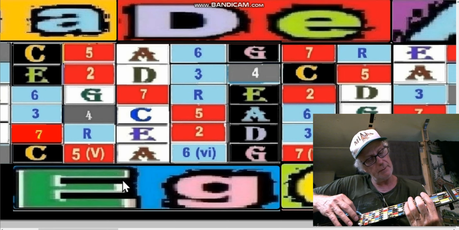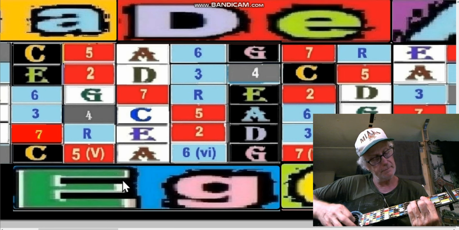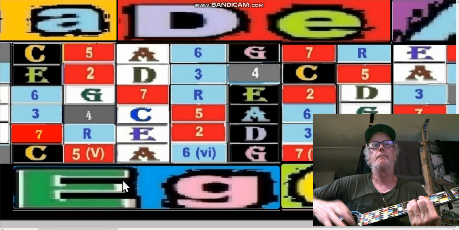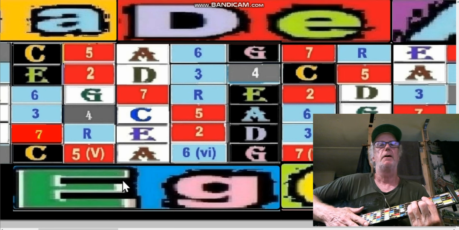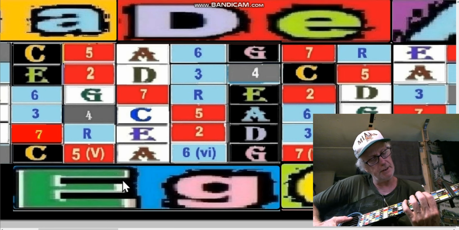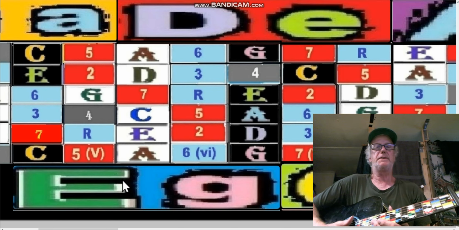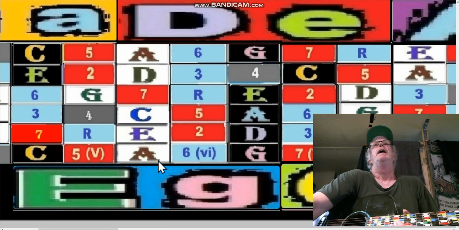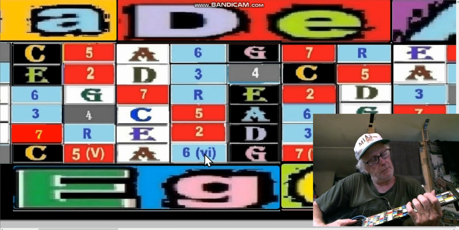We've got an E major shape fifth. Alright, 5 has that dominant Mixolydian. And then we have the Aeolian 6, which is G minor shape, which is a little more difficult to play.